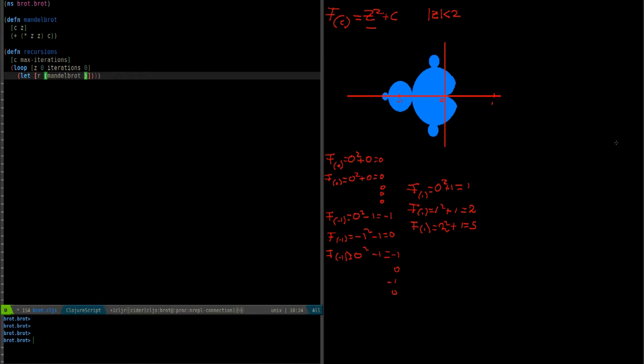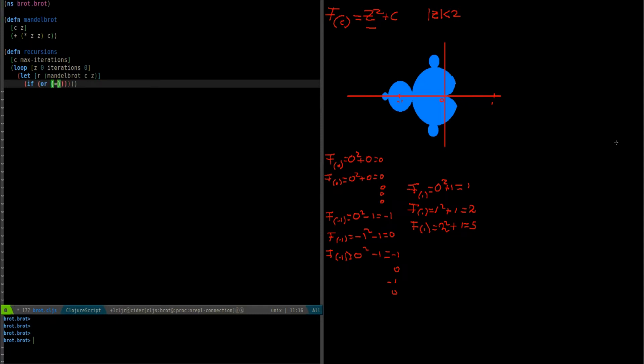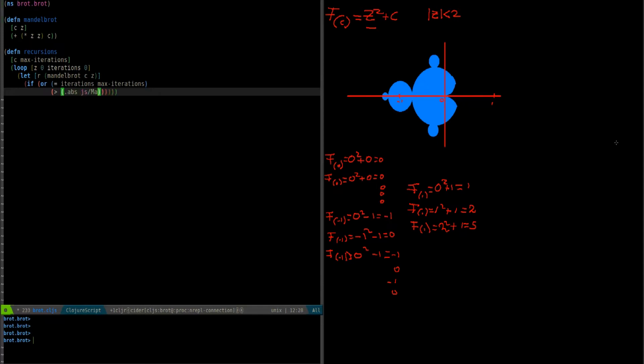It takes two arguments, namely c and z, and this recursion should quit under two circumstances: one being that the maximum number of iterations has been reached, the other one being that the absolute value of the return value of the Mandelbrot function has grown bigger than 2.